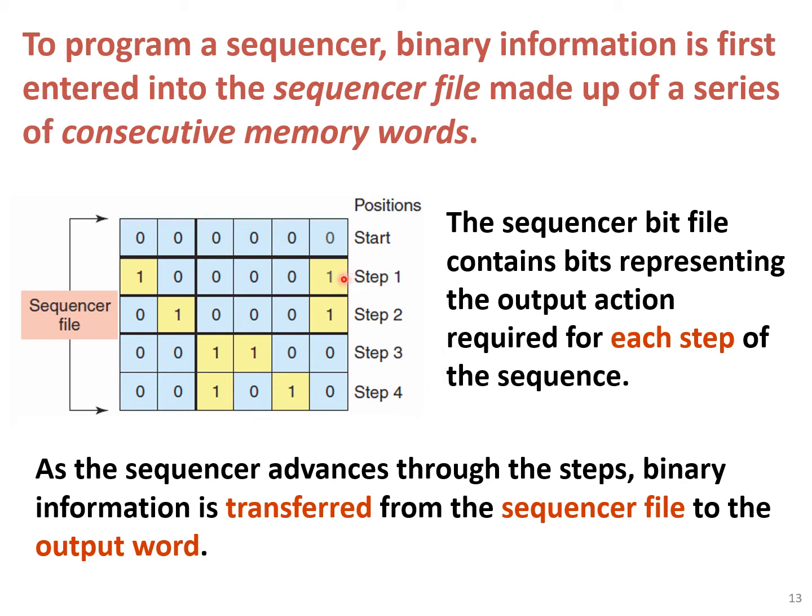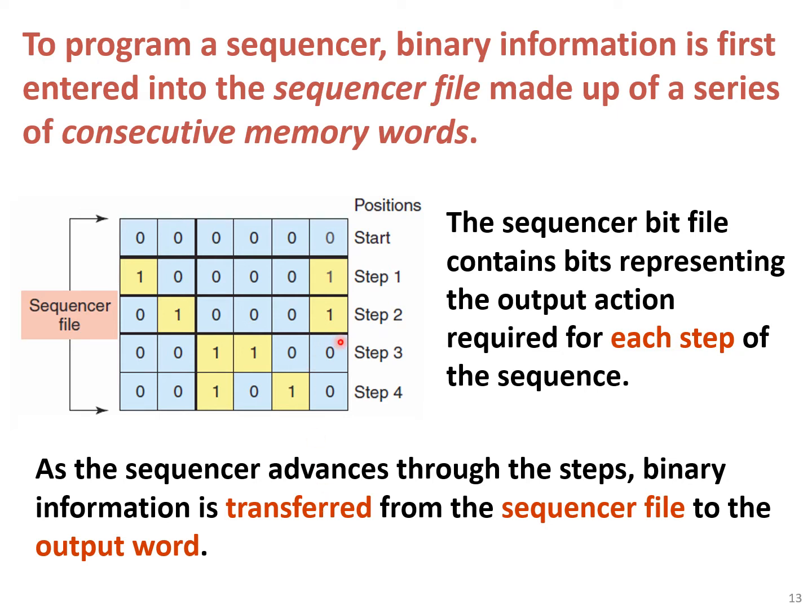So on step 1, let's say switch 1 is on, second switch is off, third off, fourth off, fifth off, and sixth is on. Then we move to step 2, and now we have different combinations of on and off for the switches. As the sequencer advances through the steps, binary information is transferred from the sequencer file to the output word.